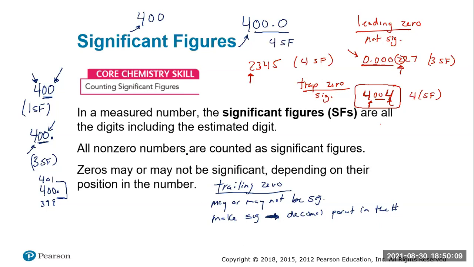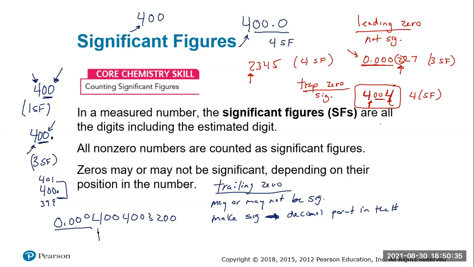Exactly. Now, let's say, for example, you took a measurement like 0.0004004003200. I'm not sure how you would get that measurement, but let's just say this was a measurement and we want to figure out how many significant figures it would have. When we look at these zeros here, these would not be significant because they're leading zeros.